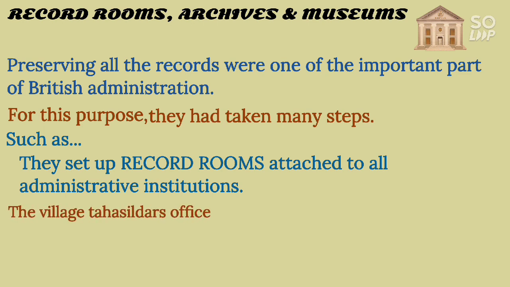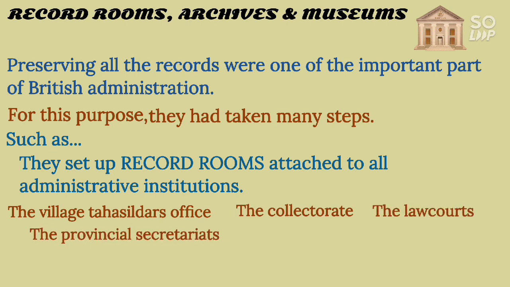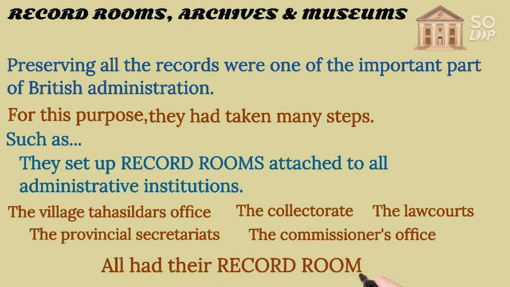The village Tahsildar office, the collectorate, the law courts, the provincial secretariats, the commissioner's office, all had their record rooms. So, record rooms were one of the important sources for historians to get information about British administration in India.